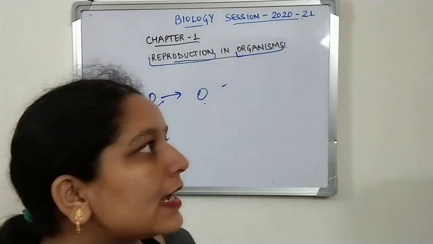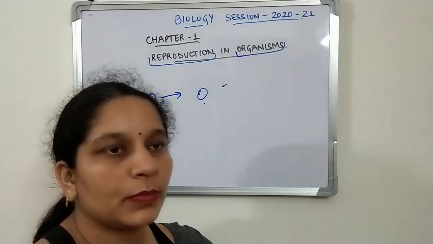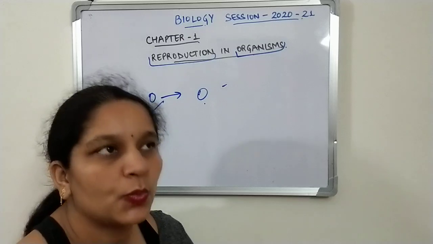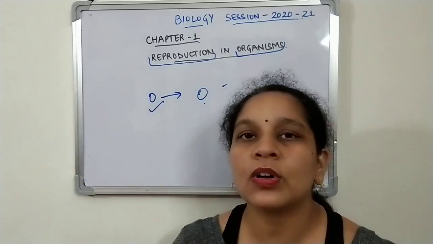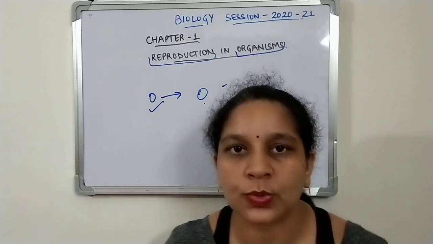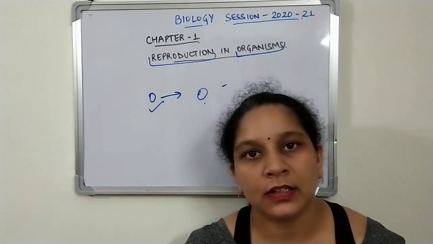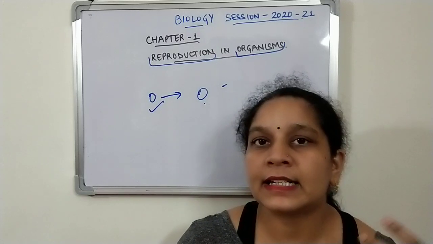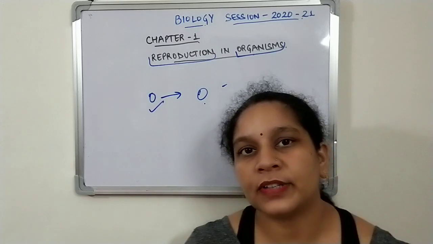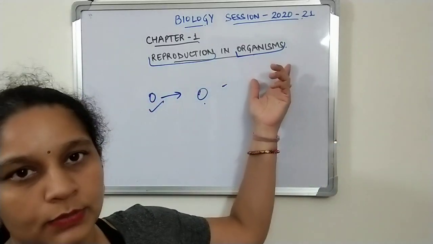So organism comprises all the living beings, whether it is a plant, a human, an animal, or a microorganism. Each and every individual which is capable of being alive, maintaining its properties and its continuity of life, is said to be an organism, right?